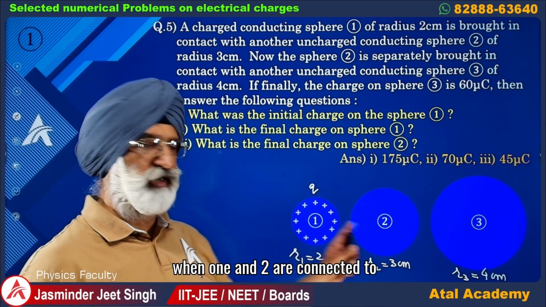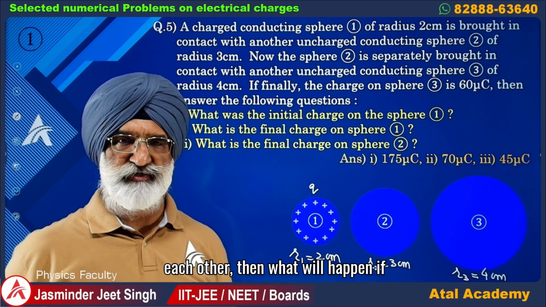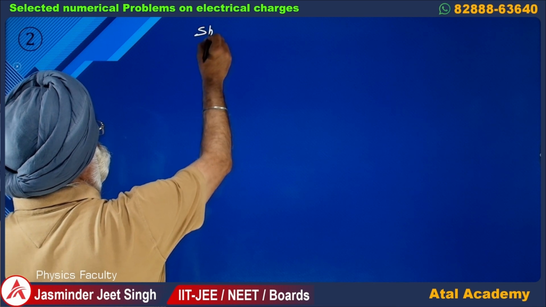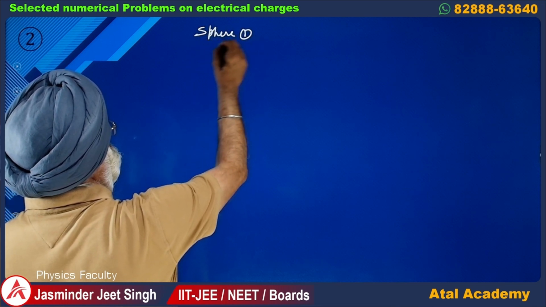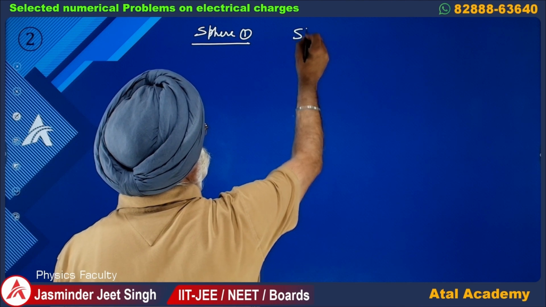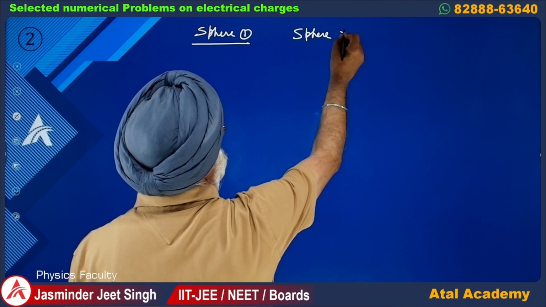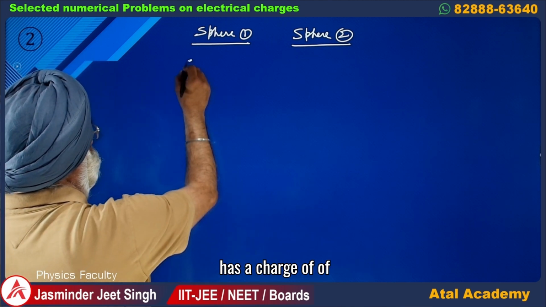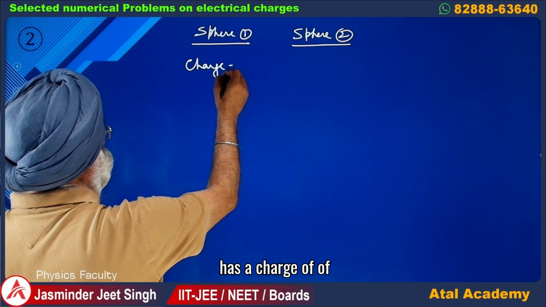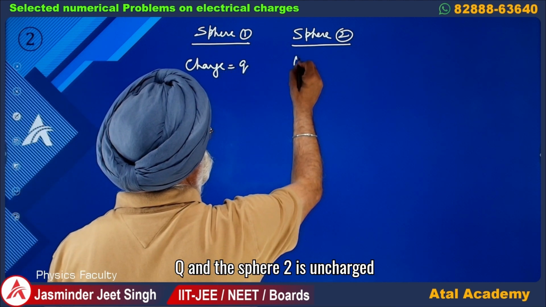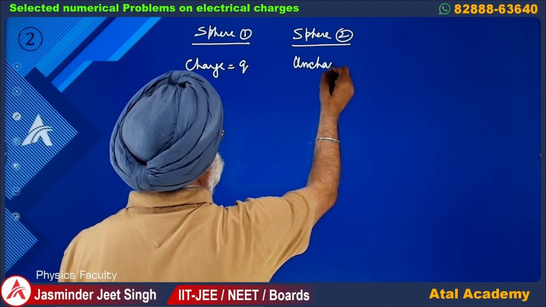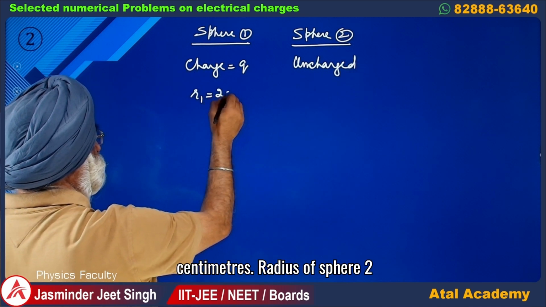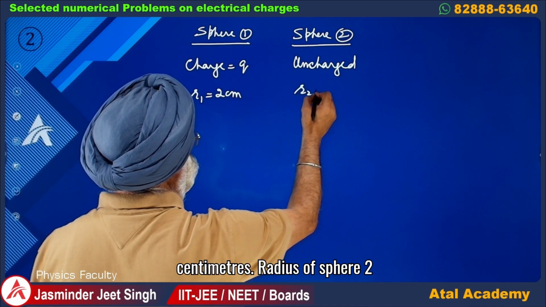Now when 1 and 2 are connected to each other, what will happen? Sphere 1 has a charge of Q and sphere 2 is uncharged, and the radius of sphere 1 is 2 cm and the radius of sphere 2 is 3 cm.